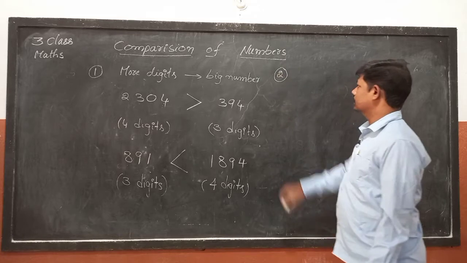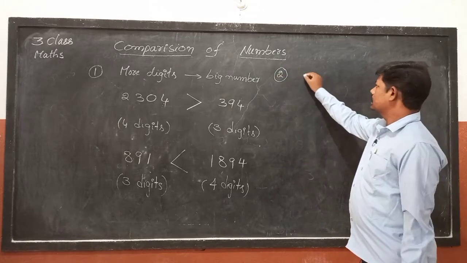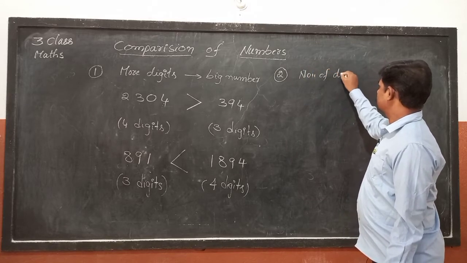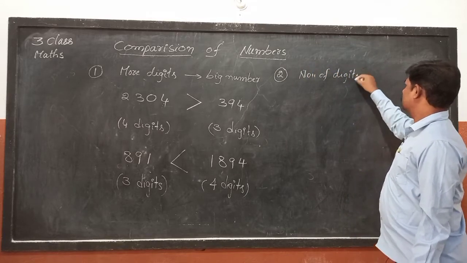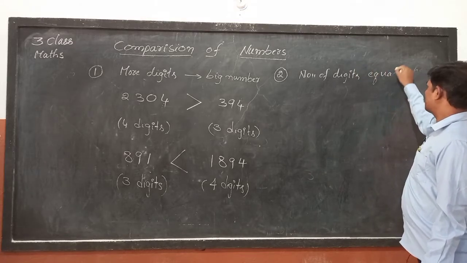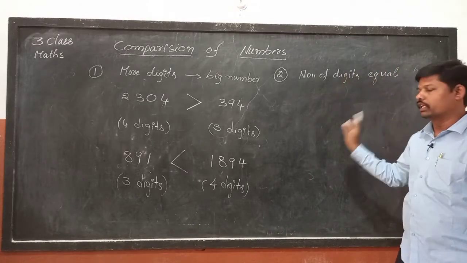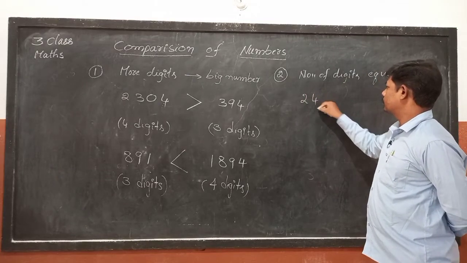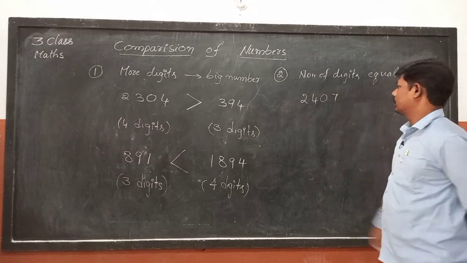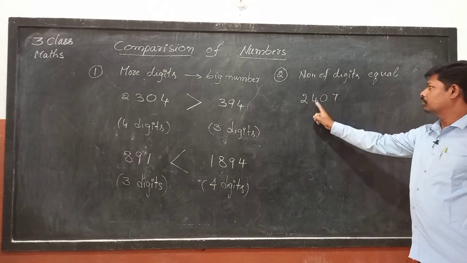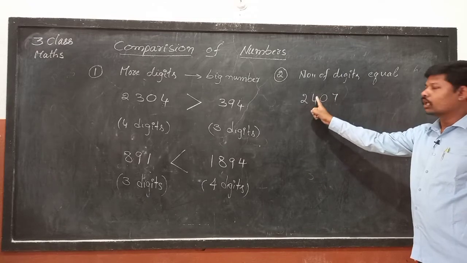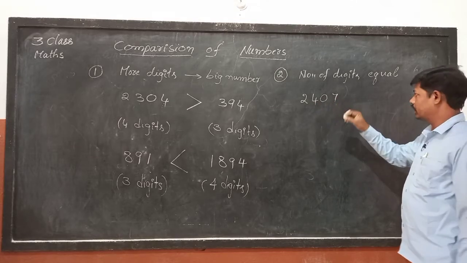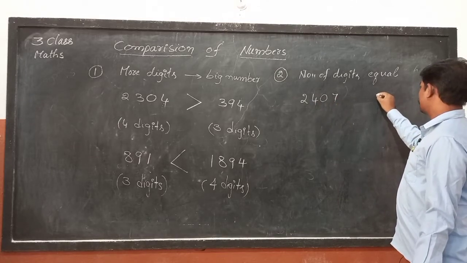If the digits are the same, that means an equal number of digits. For example, 2407.